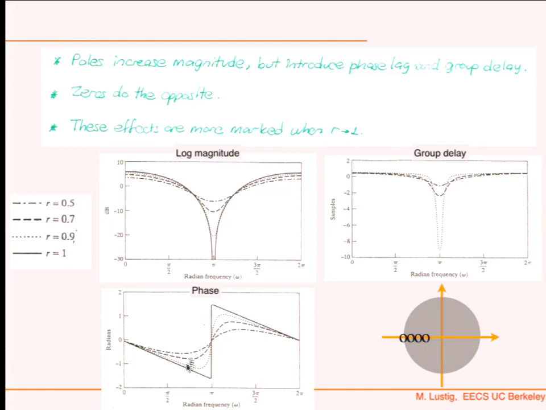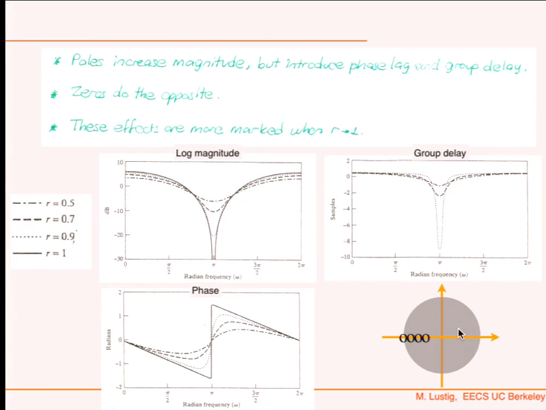If you look at the phase, and this is an interesting thing that happens, the closer it gets to the unit circle, the phase becomes sharper and sharper till it reaches zero, and then there's a jump of pi. A complete discontinuity of the phase. How can that be?